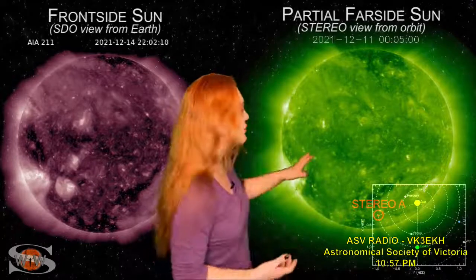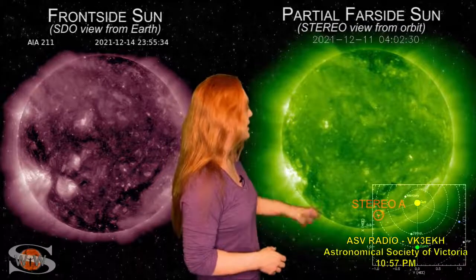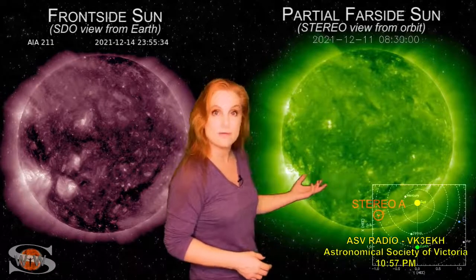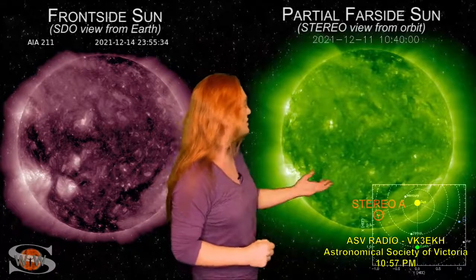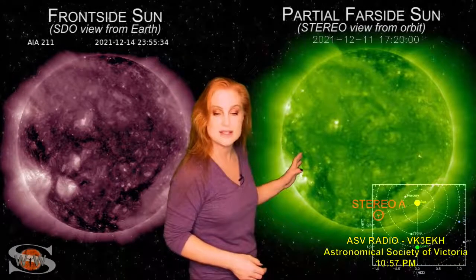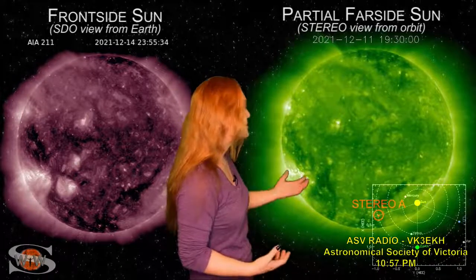As we switch to our far-sighted sun, and this is stereo A, and it's looking at the sun just a little bit from the side, you can see all those active regions plus a whole lot more that are forming and gurgling and burgling on the sun's far side. These have yet to rotate into Earth view, and you can see from the glow on the east limb in stereo's view that yes, there are even more active regions that are on their way.